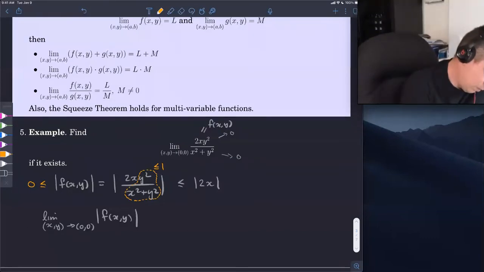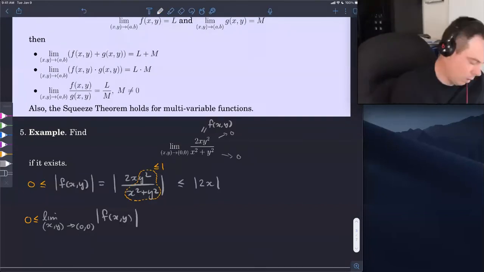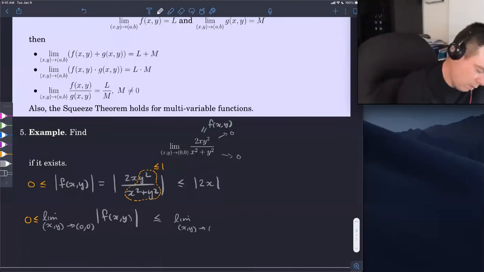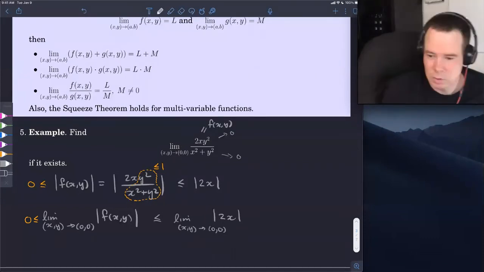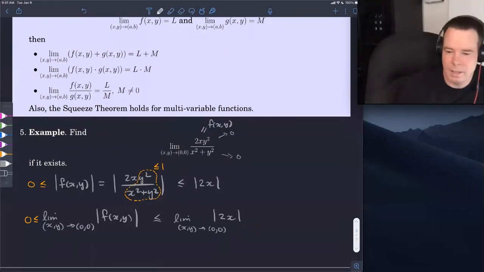So when I take the limit of the sides of the inequality, because our absolute value of our function is bigger than or equal to 0, the limit has to be bigger than or equal to 0. But because the absolute value of f of x, y is smaller than or equal to the absolute value of 2x, then the limit has to be smaller than the limit of 2x.